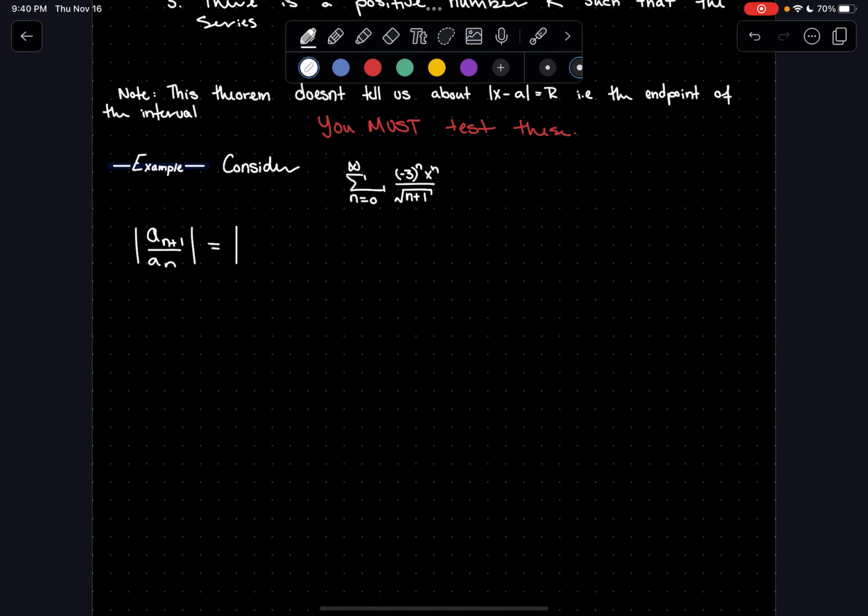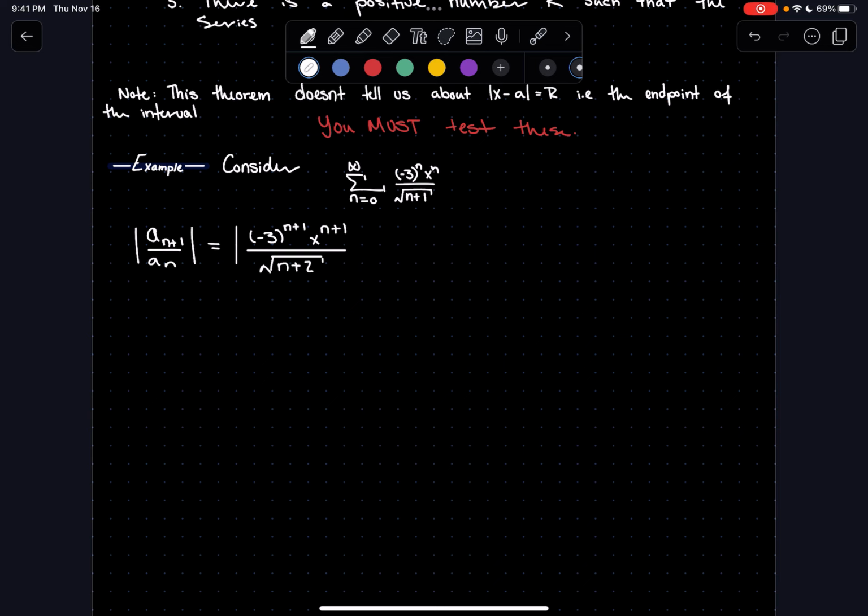So I get the absolute value of negative 3 to the n plus 1, x to the n plus 1, over the square root of n plus 2, because it's n plus 1 plus 1, so that's plus 2.